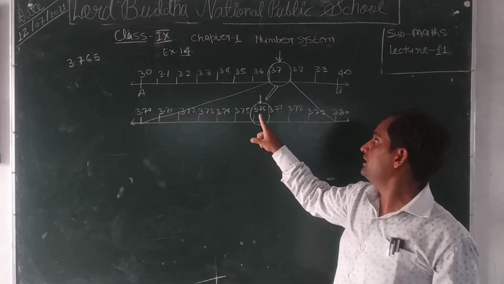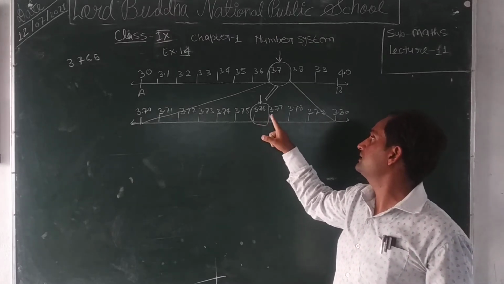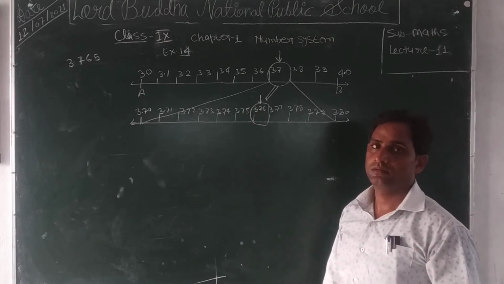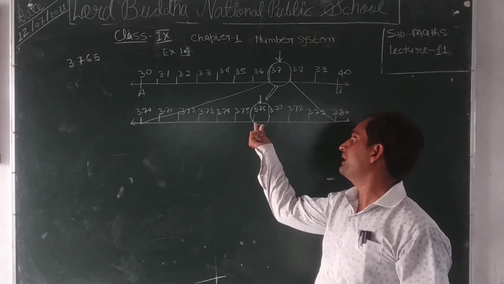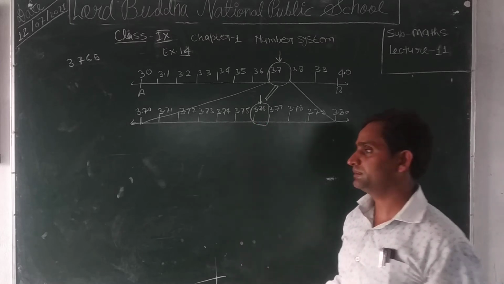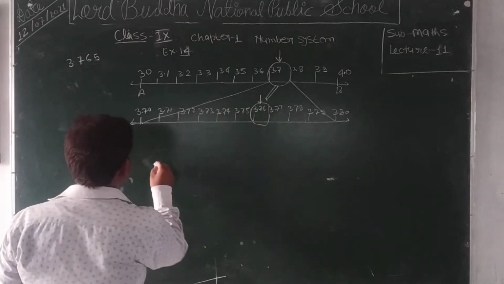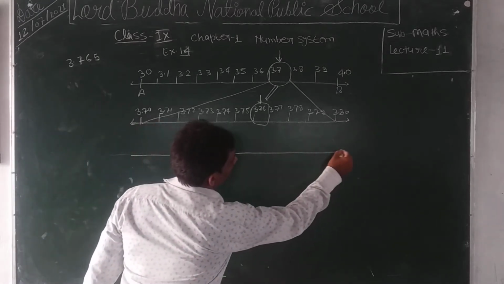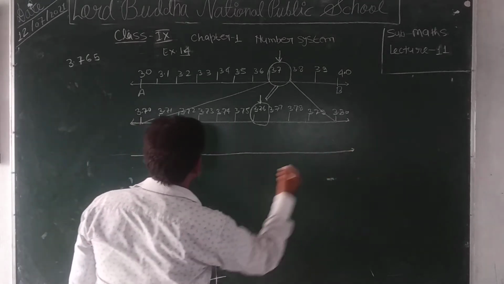Between 3.76 and 3.77. Hence, we again imagine dividing it into 10 equal parts. Clear? This is a straight line.